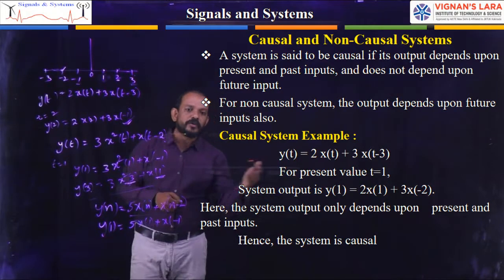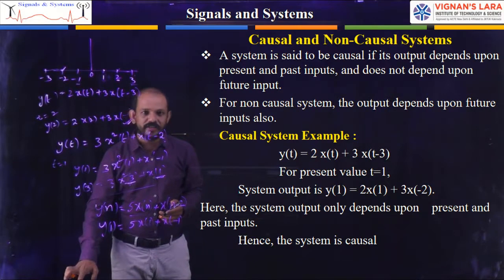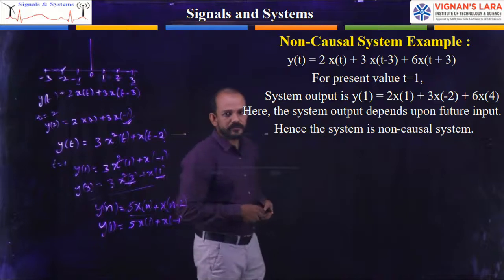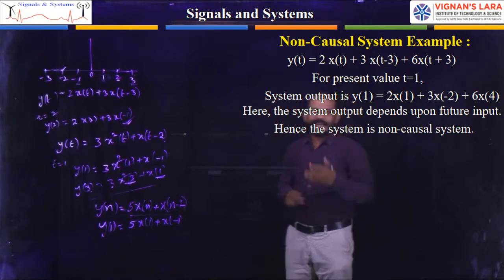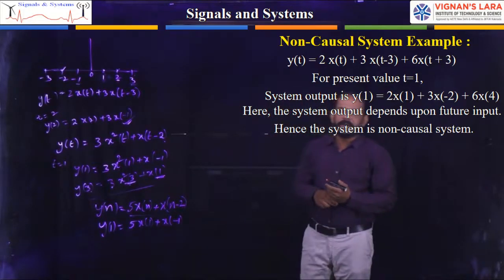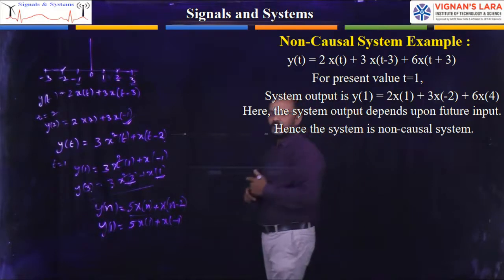Now we'll move on to non-causal systems. See, now non-causal system, how can I explain that? Simple. If the system output depends on the future input, then I can say that system is a non-causal system.